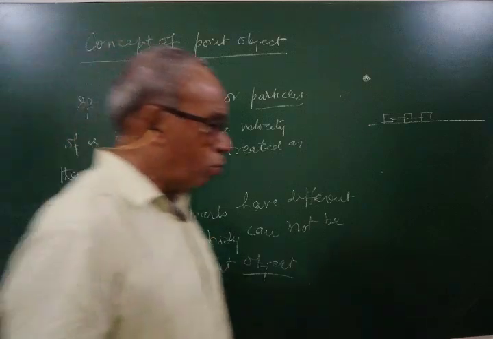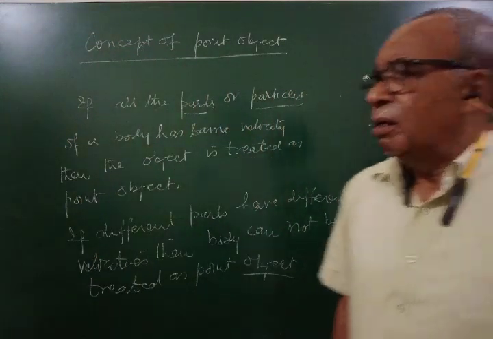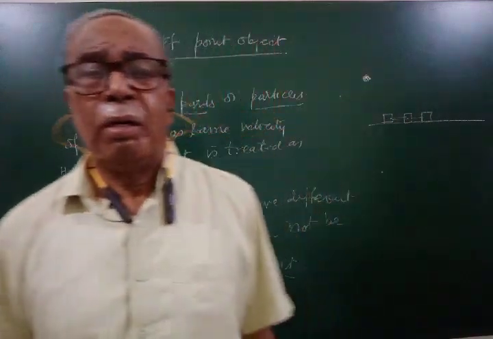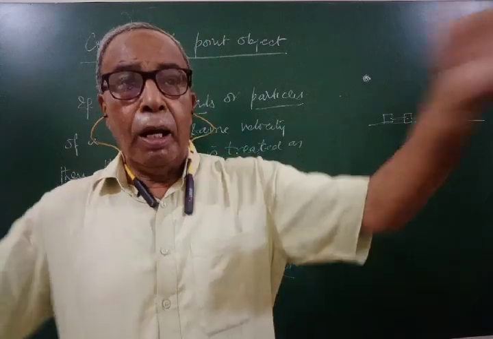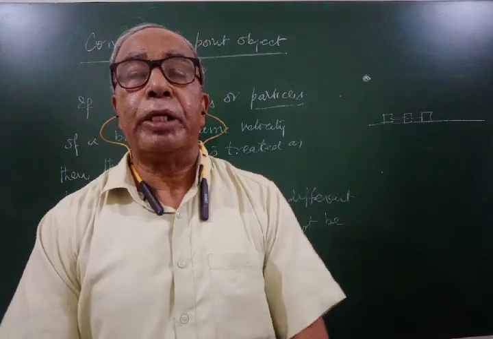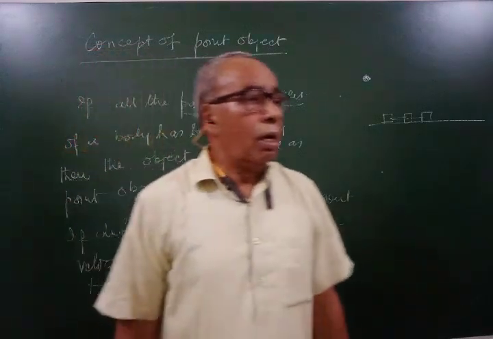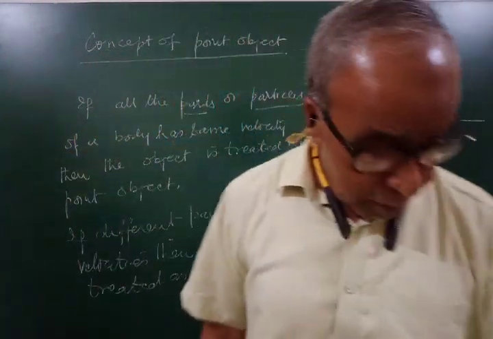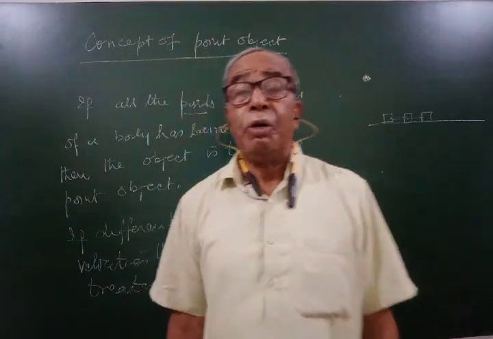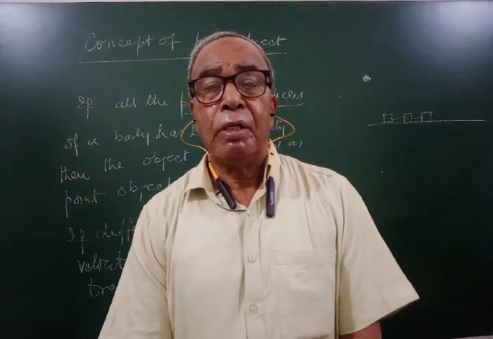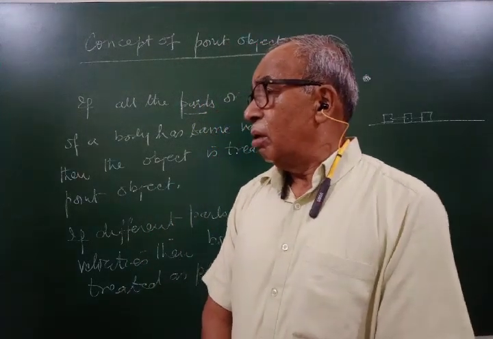I don't name the books or persons, but many people say if an object appears small with respect to some large distance, then it is a point object. No. In our NCERT there is a question: a railway carriage is moving between two stations without jerks, is it a point object or not?